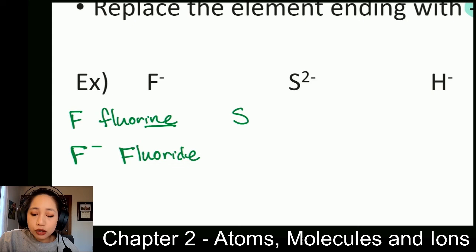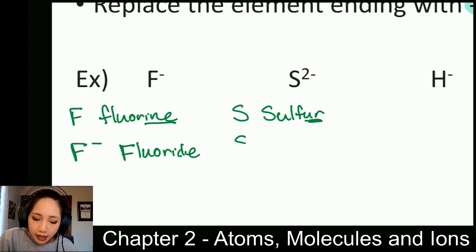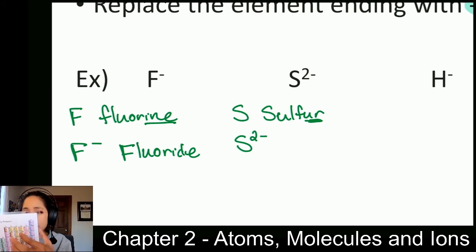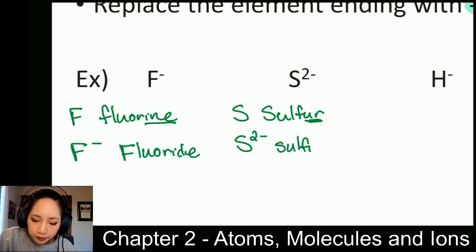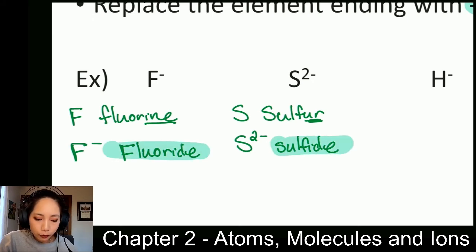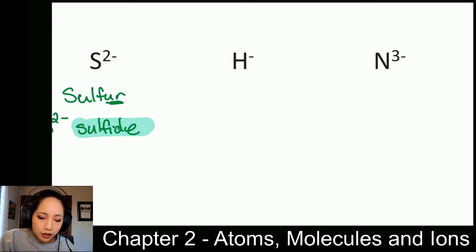A neutral sulfur atom would just be sulfur. We're going to change that ending because this is an anion. S2 minus, if you look on the periodic table, that's how we predict its charge. You add 2 additional electrons to get to argon. So that's sulfur 2 minus. The "ur" ending becomes sulfide. So S2 minus is sulfide. F minus is fluoride.